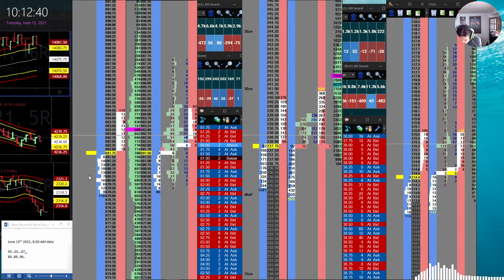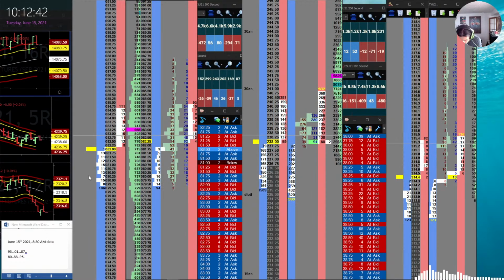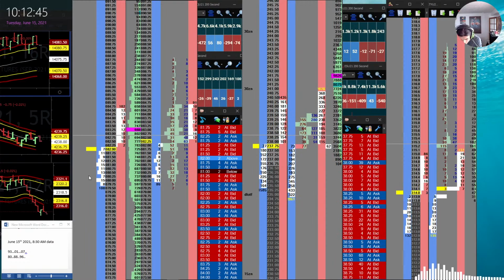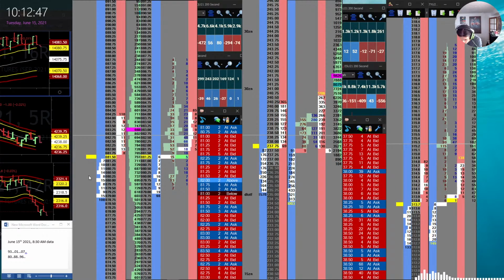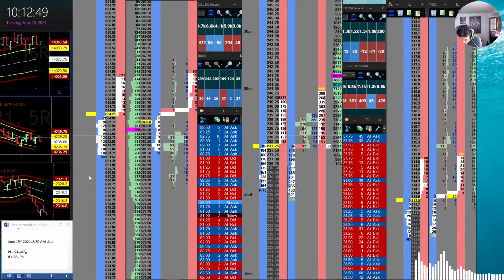So here we go, 81's now trading here. Russell making new lows, 14 now. Pretty weak, pretty weak. 13.7.